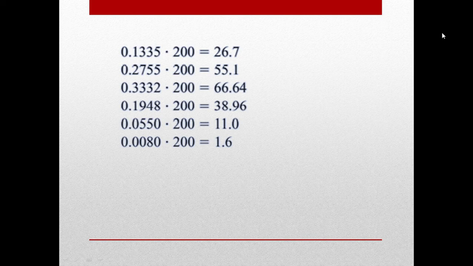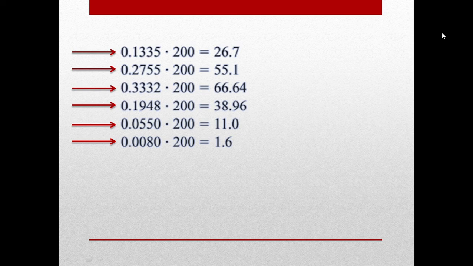Now, the expected frequencies are found as follows. 0.1335 times 200 is equal to 26.7. 0.2755 multiplied by 200 is equal to 55.1. 0.3332 multiplied by 200 is equal to 66.64. 0.1948 multiplied by 200 is equal to 38.96. 0.0550 multiplied by 200 is equal to 11. 0.0080 multiplied by 200 is equal to 1.6.